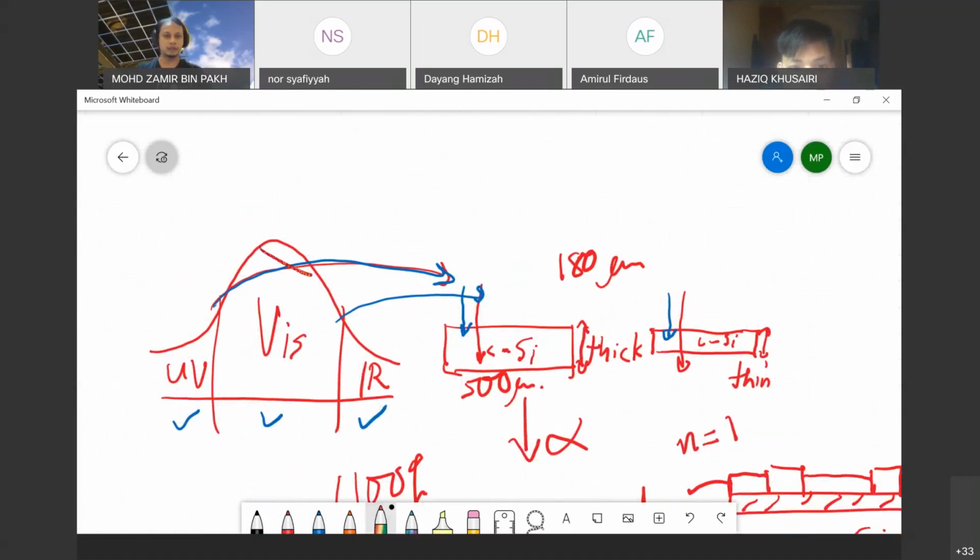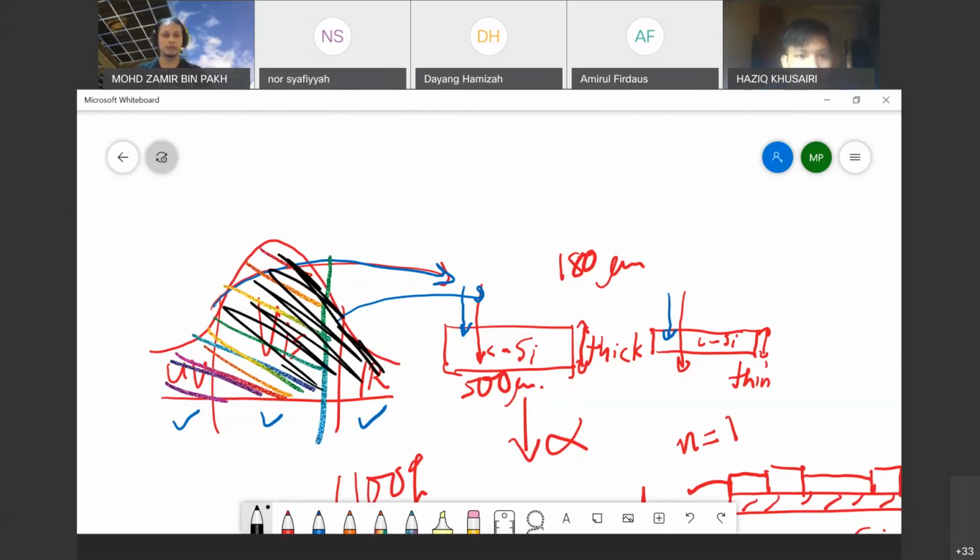If you use thin one, maybe you'll be able to absorb this portion of the spectrum, but until the red photons is no longer possible, okay? But if you use a thick one, a thick version, then maybe you'll be able to absorb the whole thing, okay? So the amount of light absorbed, so what you absorb in the solar cell will translate into your photocurrent.